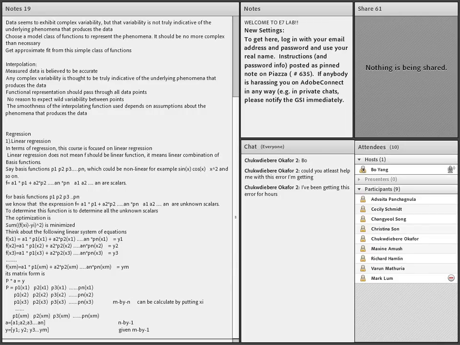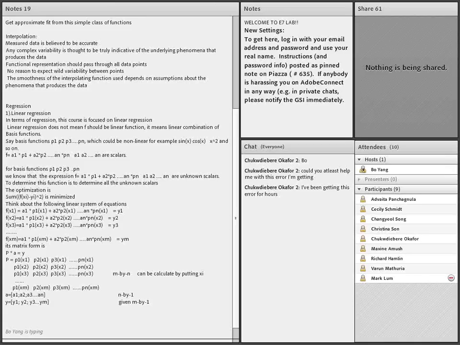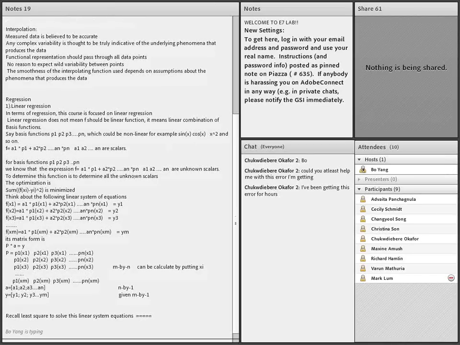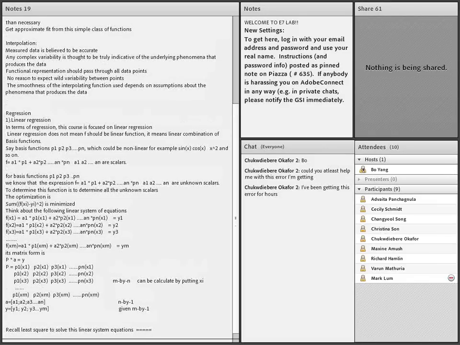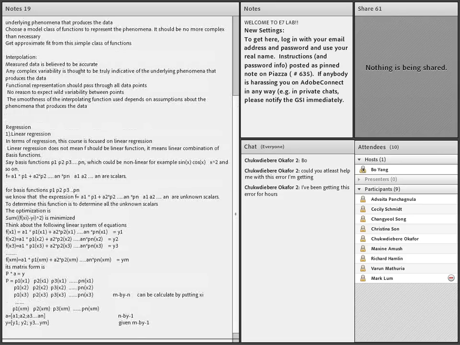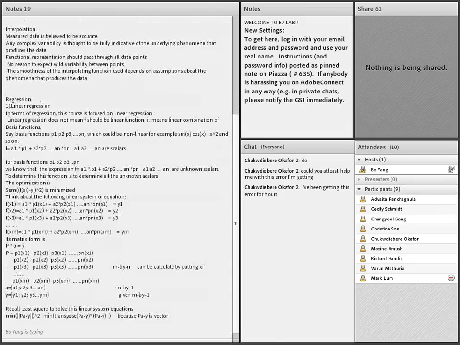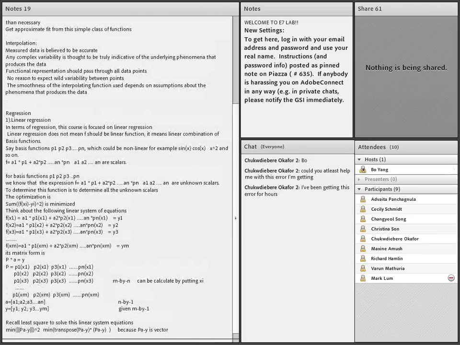To solve this linear system of equations is equivalent to minimizing the square of the norm of PA minus y.